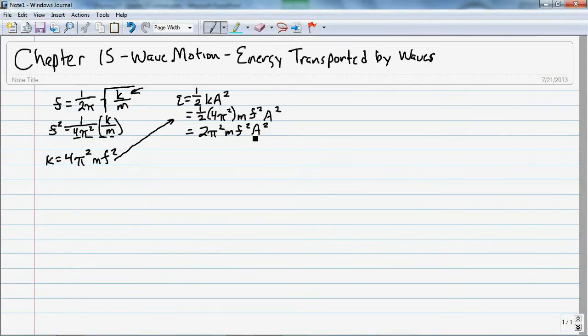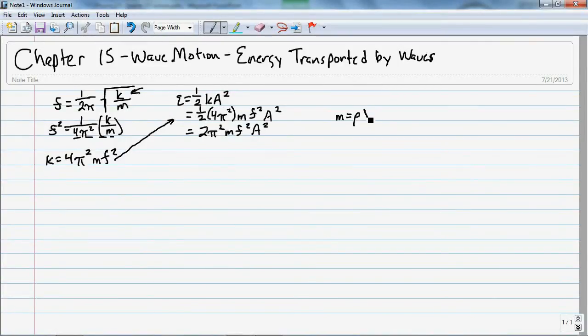And now I need to look at how I can simplify this even further. Well, I know that mass is equal to something. And you think about density. Density is mass per volume. And if I think about the volume, I can get mass.